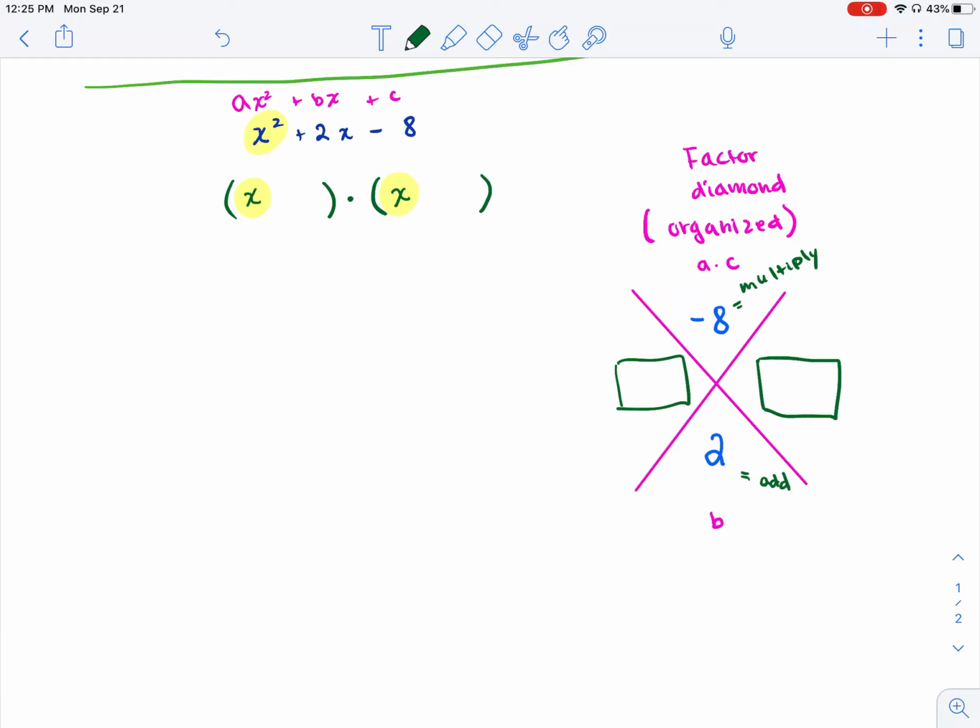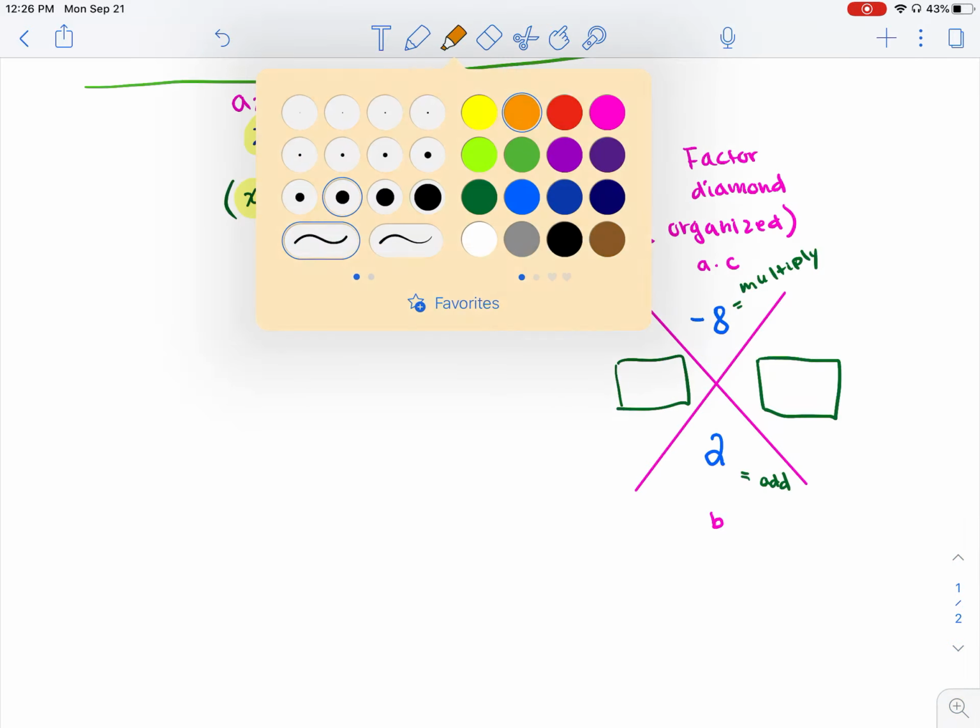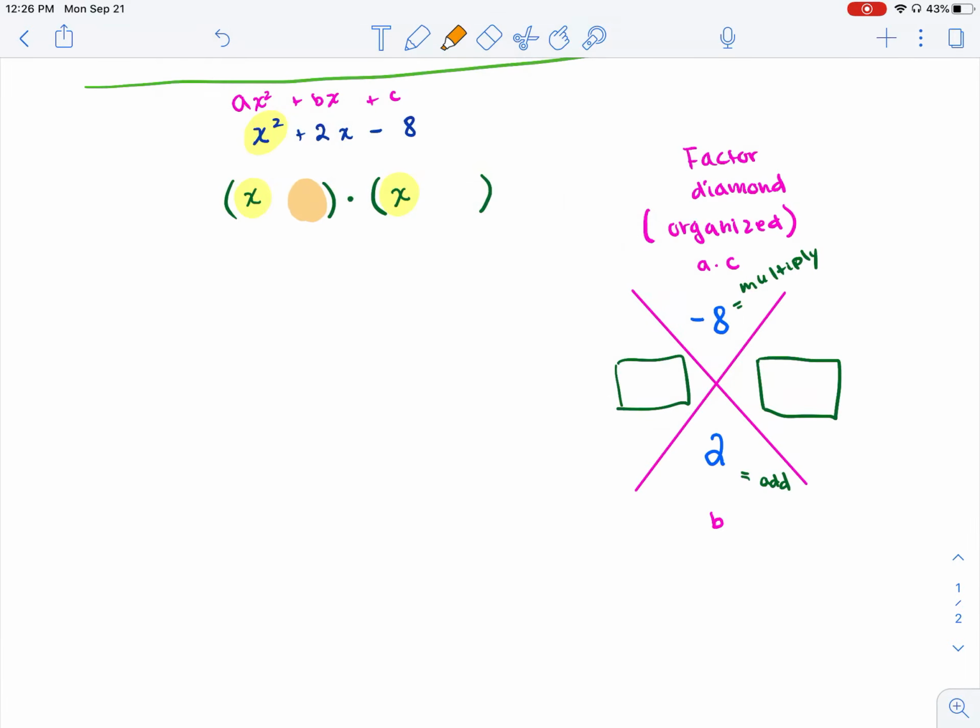So what 2 numbers do we put into these green boxes? When they multiply, it equals -8, and when we add, it equals 2. If you reference up here, whatever 2 numbers go at the end, when you multiply them, it has to be this number, and that's why -8 is up here.